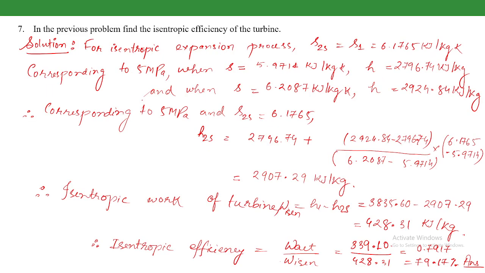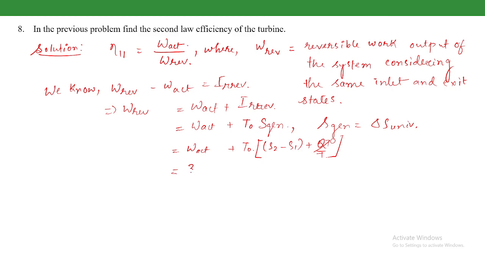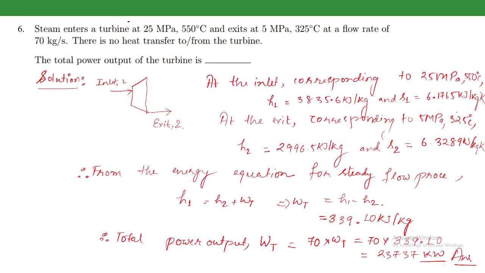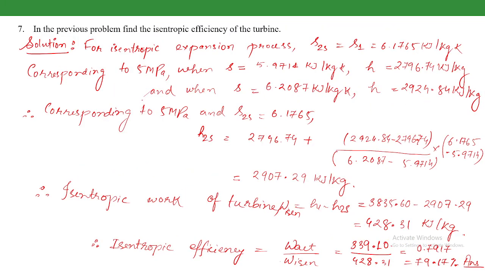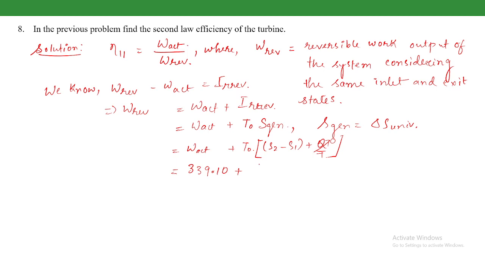What is W actual? 339.10 plus what is the ambient temperature? Ambient temperature, let us consider as 25 degrees Celsius, which is the usual temperature of the surroundings which we consider if it is not given.